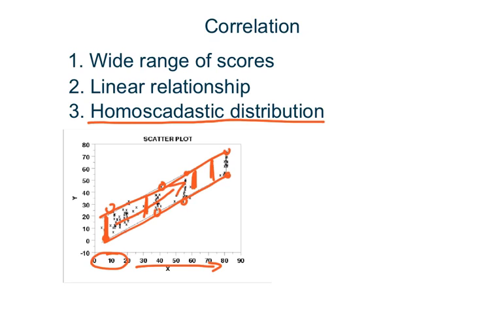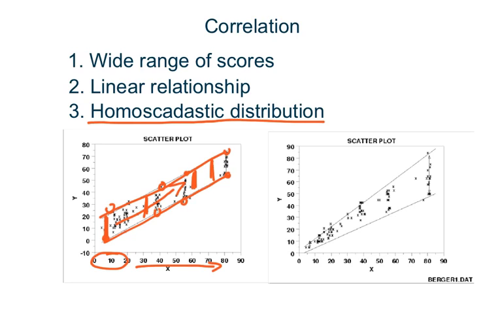So what just popped up on the right is not a homoscedastic distribution, but a heteroscedastic distribution. There we go. And notice here at the low end of x, we've got very little spread between the highest and the lowest y values.